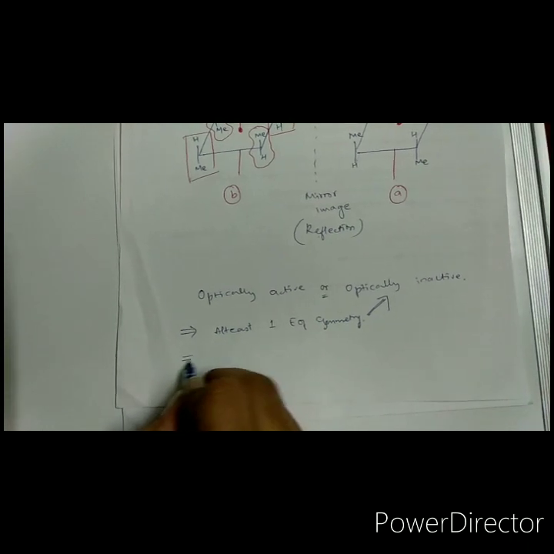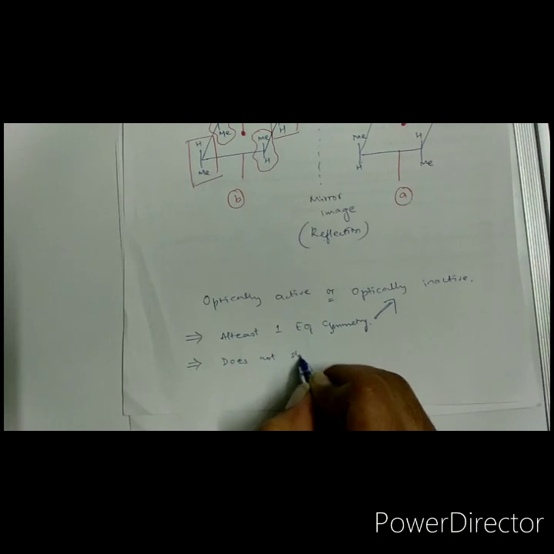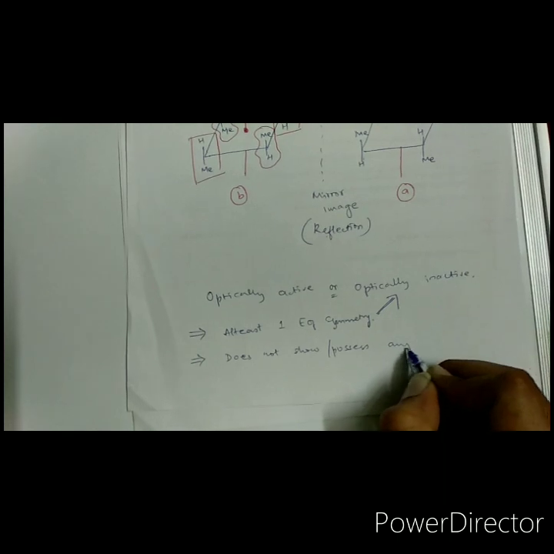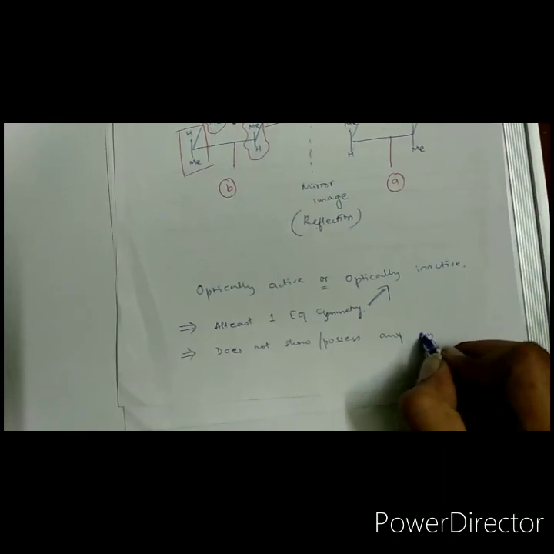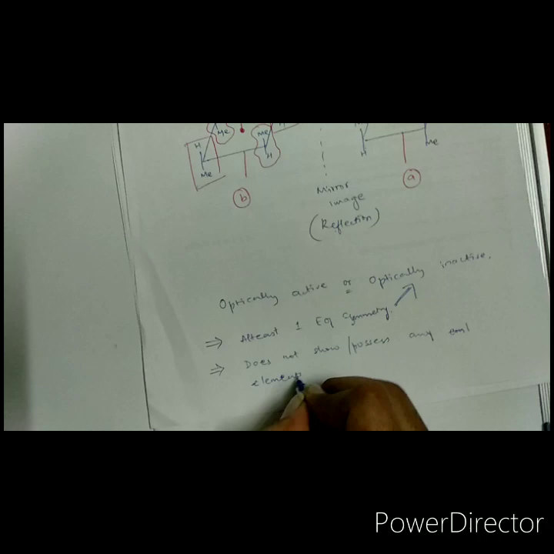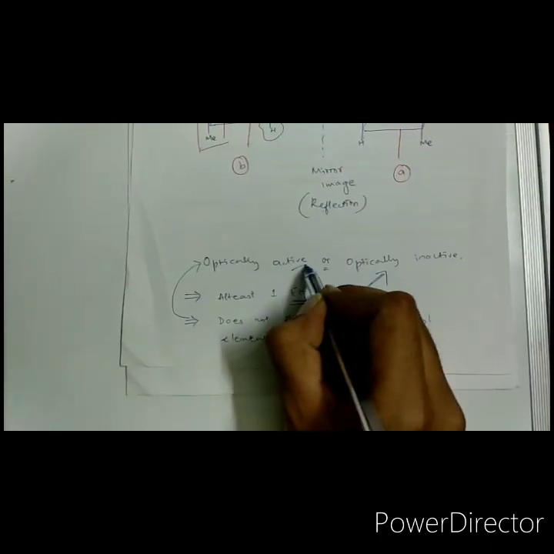And if the molecule is not at all symmetric, if the molecule does not possess any elements of symmetry, then the molecule is said to be optically active. So these elements of symmetry is important to define whether the molecule is optically active or optically inactive.